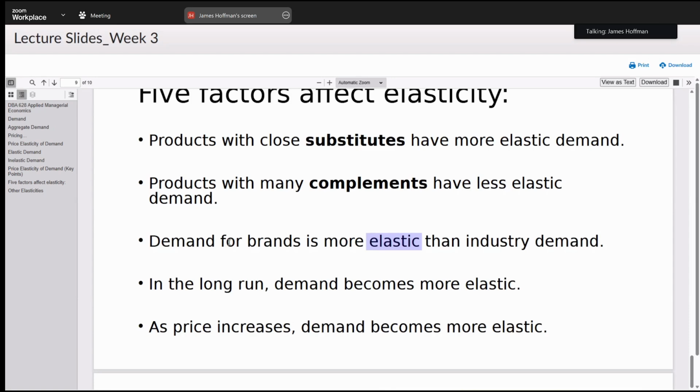So individual brands that have lots of competitors have to be careful, because the demand for the industry is different from the demand for the brand. Actually, the same thing with gasoline, because there are so many different gas stations. If there are two gas stations on the corner, and one of them raises the price $3 more than the other, you just go to the other, right? So you have to be careful of what your competitors are doing.